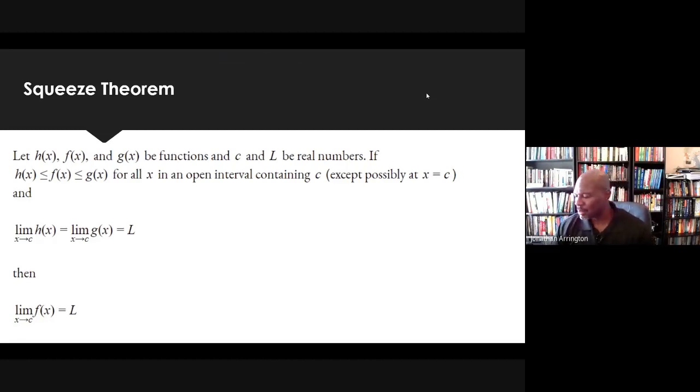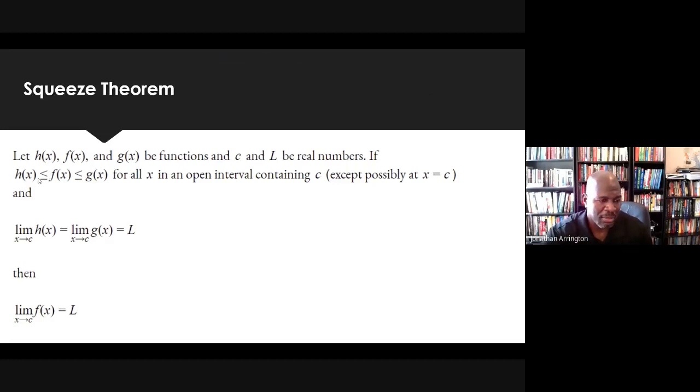Again, in some books, it may be called the Sandwich Theorem or the Pinch Theorem, and you'll understand why once we look at it. So we have h, f, and g, which are functions, and c and L are real numbers. So if h of x is less than or equal to f of x, which is less than or equal to g of x. Now let's talk about what that statement means.